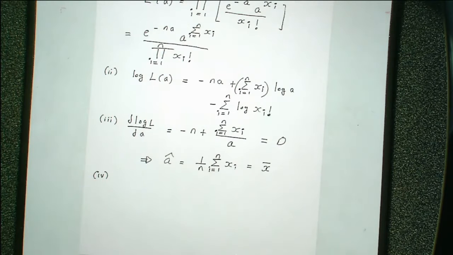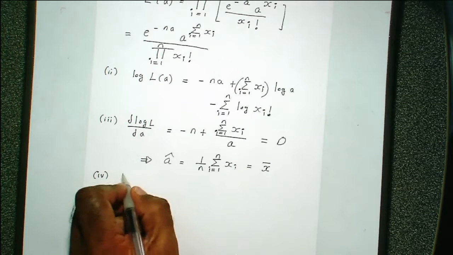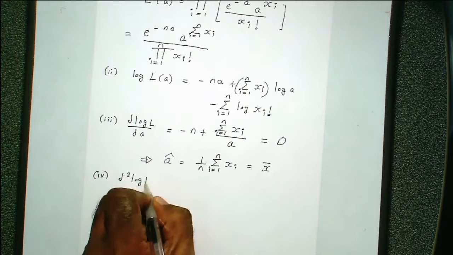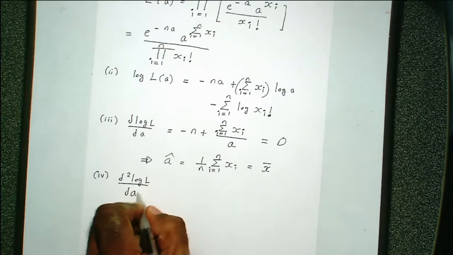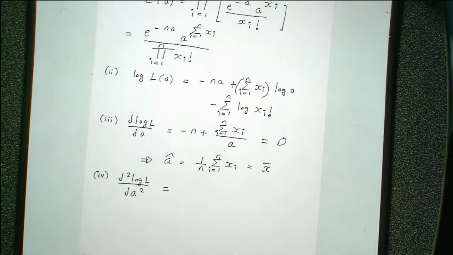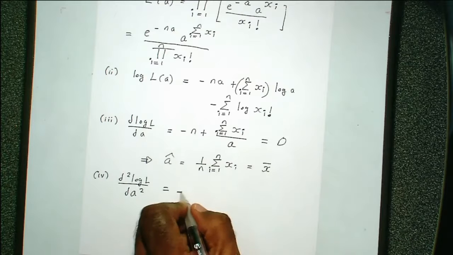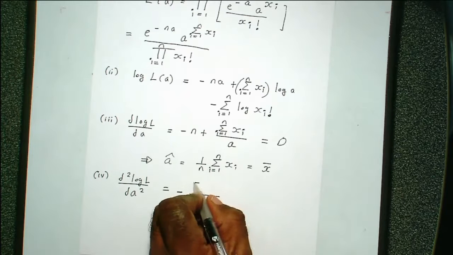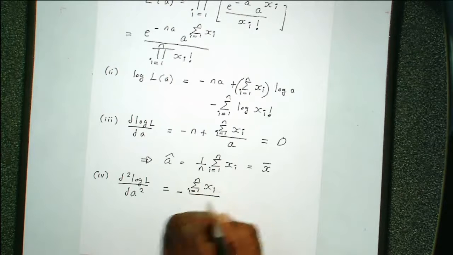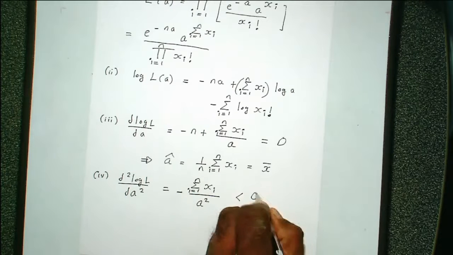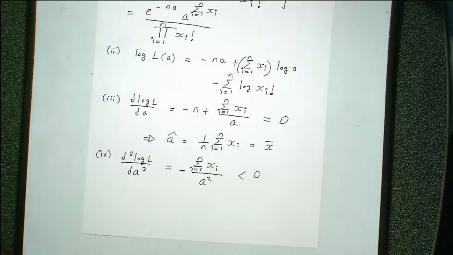To make sure that this is an MLE, we need to find the second order derivative. If you differentiate this one more time, you get minus the sum of xi over A squared, and this will be negative unless all the xi's are equal to 0, which is unlikely to happen.